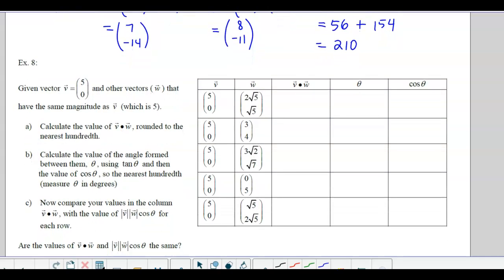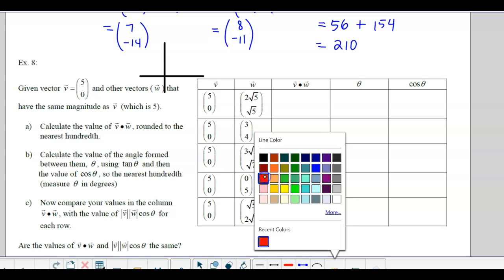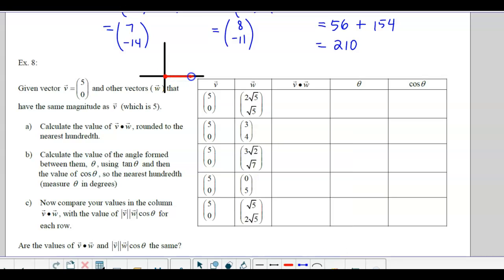What's in the first two columns? Well, the first column is all the same vector. So vector v is (5, 0). So if you were to actually graph it, 5, 0 looks something like that.